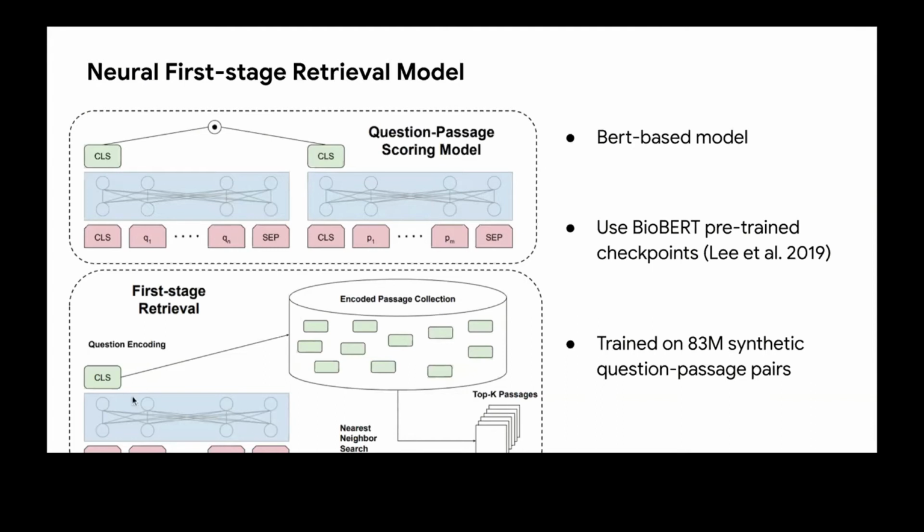At retrieval time, we encode a query, and then we have our document index, which is just a nearest neighbor search backend. We've pre-computed the vectors of the encodings of all the documents and passages, and then we do brute force nearest neighbor search to get the top K passages. We can distribute that computation and get the top K. And we train this on 83 million synthetic question pairs from PubMed.